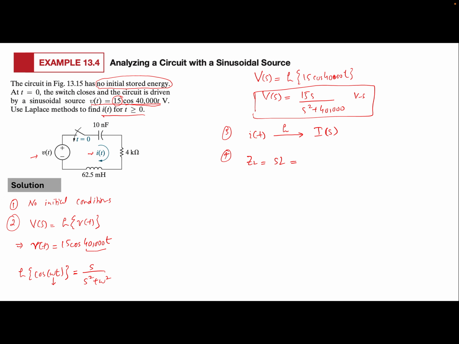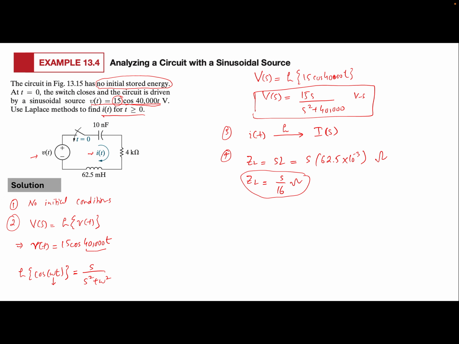Again, you get s times 62.5 millihenries, so this is going to be in ohms. You can further simplify: 62.5 times 10 to the minus 3 comes out to be s over 16 ohms.